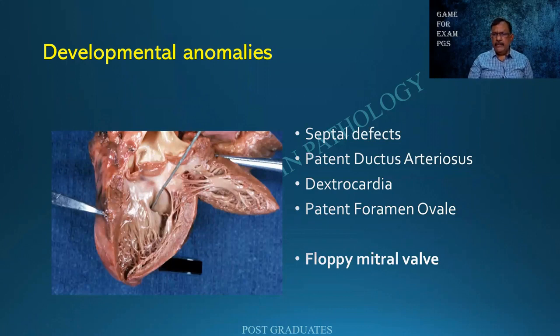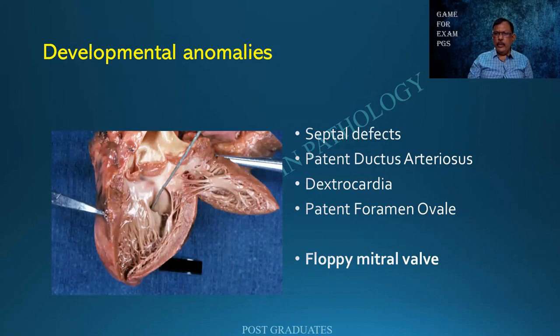Developmental anomalies. There are a lot of developmental anomalies, but we, for the time being as pathologists, need not be as perfect as the anatomist or a pediatric surgeon. We should know that there can be septal defects. There can be a patent ductus arteriosus connecting the aorta and the pulmonary artery. Dextrocardia we have already seen.